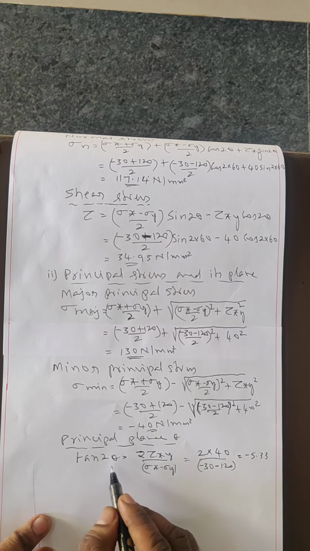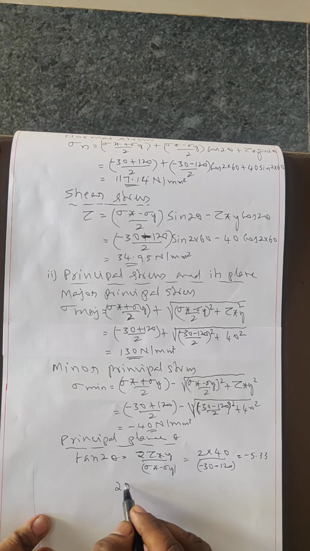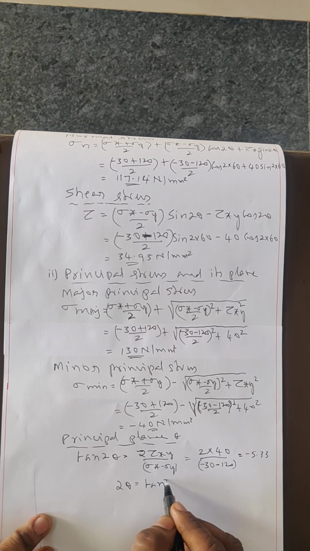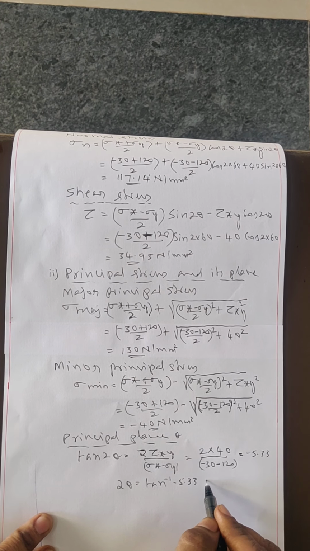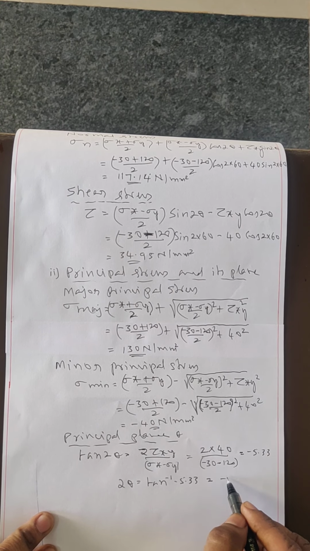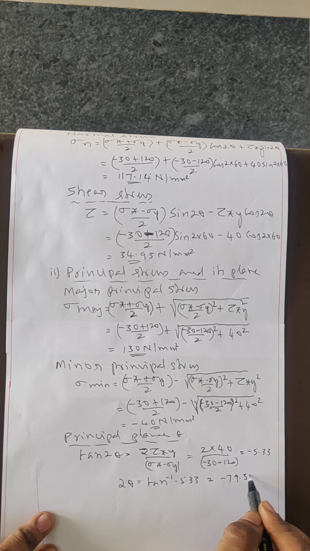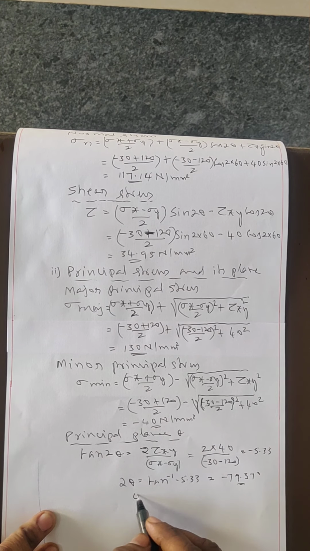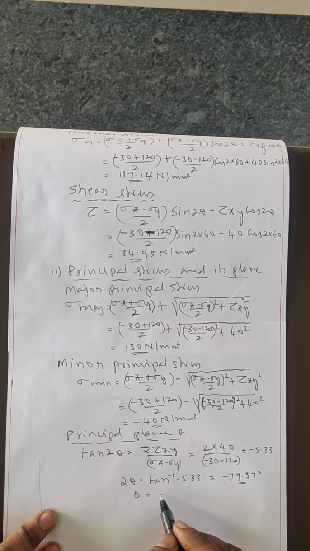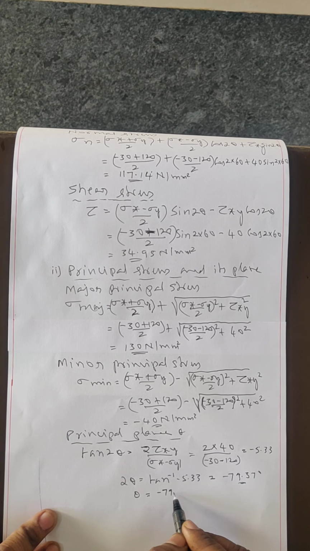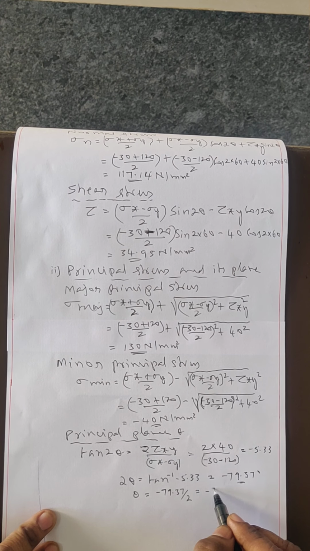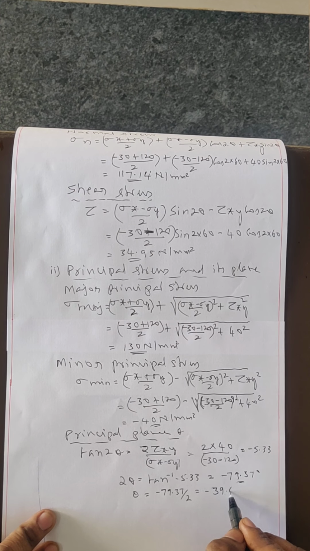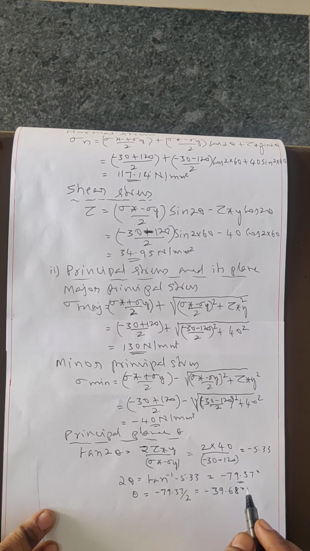Therefore, 2 theta equals tan inverse of minus 5.33, that equals minus 79.37 degree. Therefore, theta equals minus 79.37 by 2, equal to minus 39.68 degree.